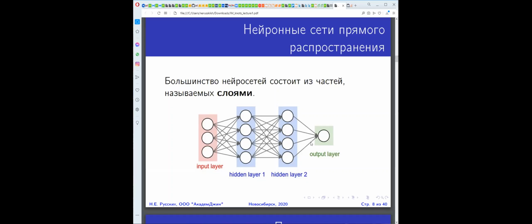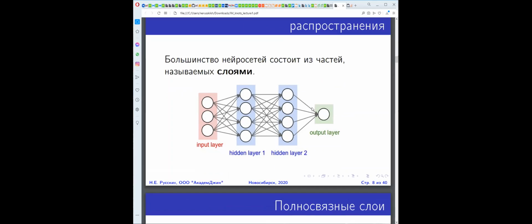There are no backward paths, so they are called feed forward. Each neuron is connected with each neuron on the previous layer. So if we assign to each connection a value, a strength, these connections would form a dense matrix. That's the reason these kinds of layers are called fully connected.